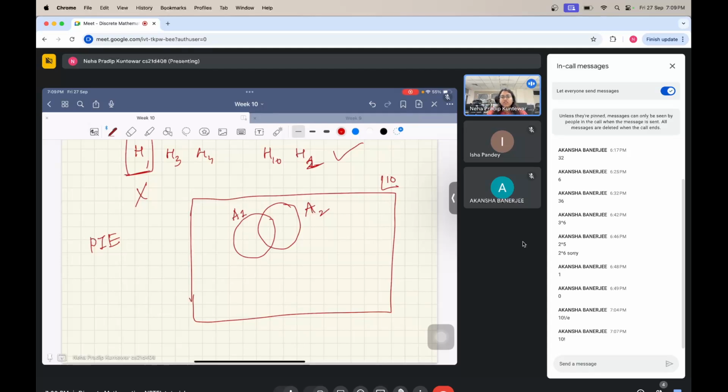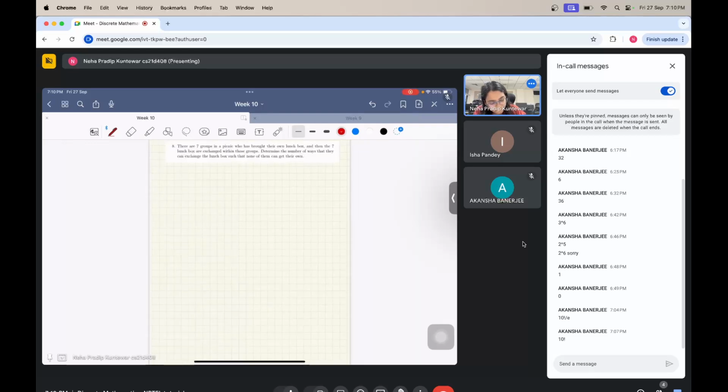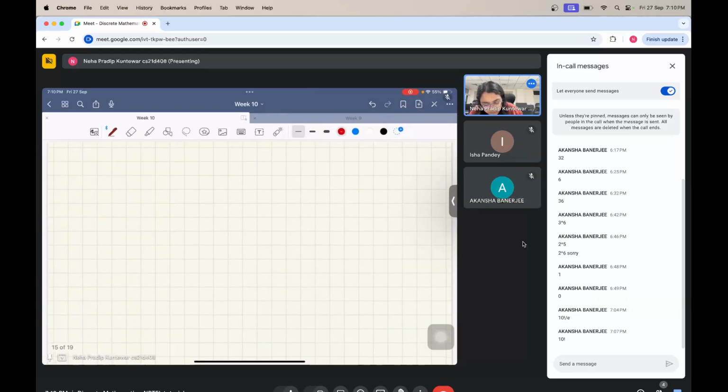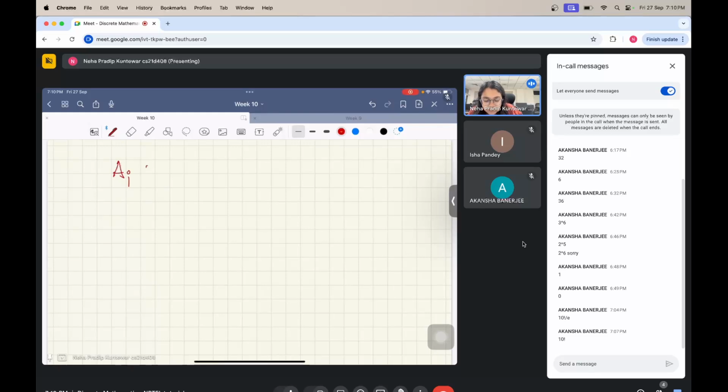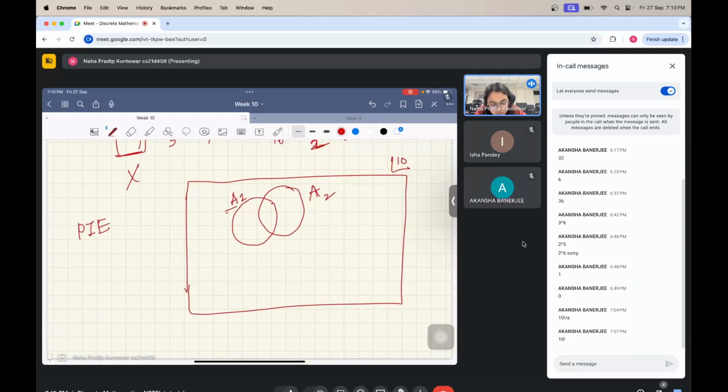So essentially you want to find out, let's say Ai is the event. So maybe I'll write it here. A1 is that person 1 got their own hat back, A2 got their own hat back, then you have 10 events like that.